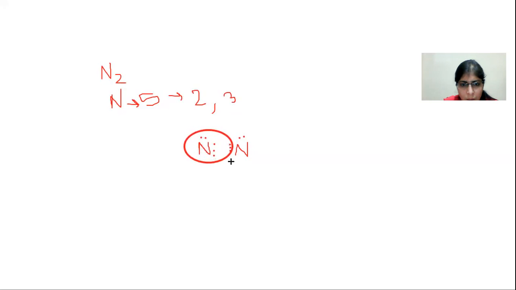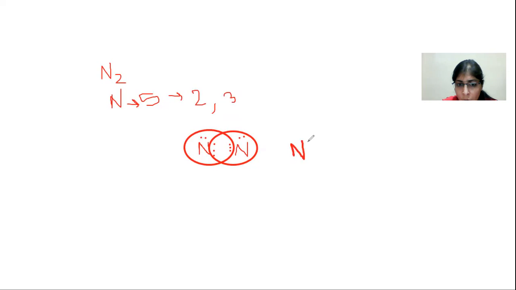So the first nitrogen says to the other nitrogen, you give me 3 electrons so that I will have my octet complete. And if the first nitrogen demands, then the second nitrogen also demands this. You also give me 3, like this. Now both are stable.